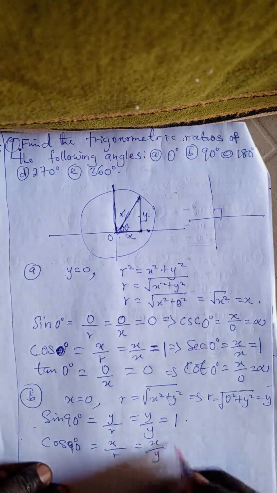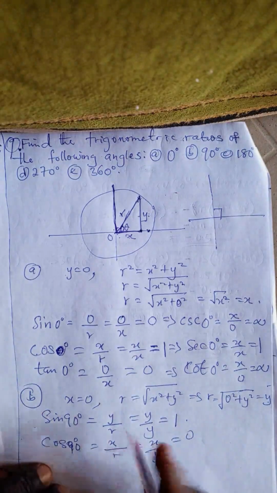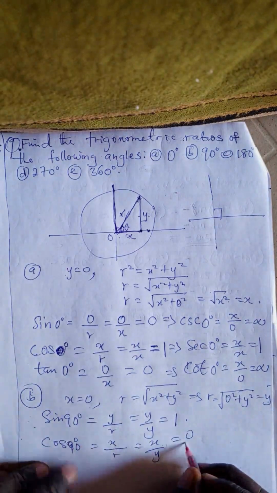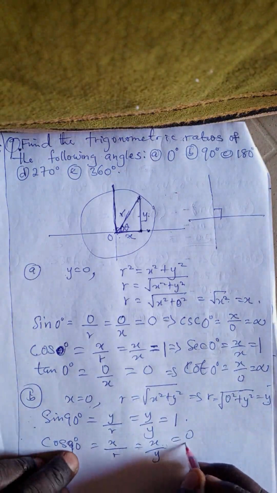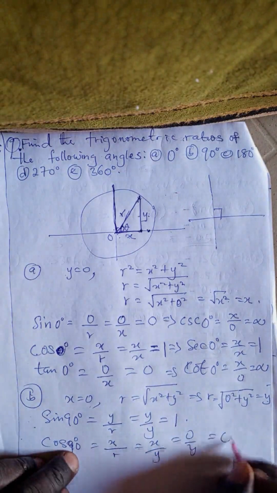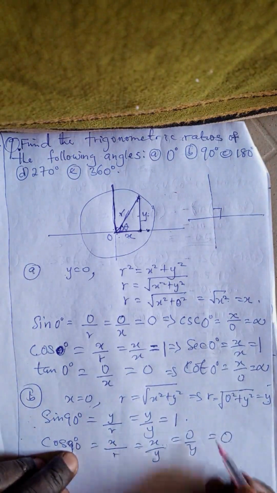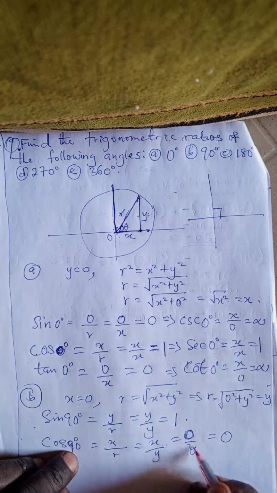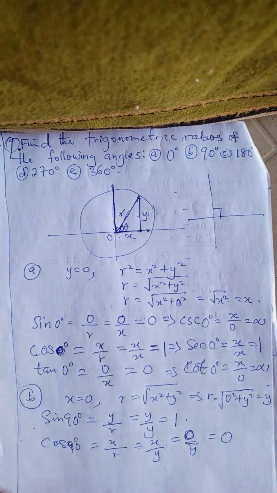But remember, x is equal to 0 here, and so cos 90 is equal to 0 over y, and that's equal to 0, because when 0 is divided by any number, the answer is still 0.